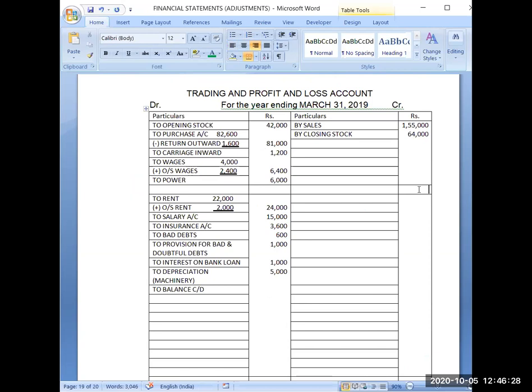First I will take this total, and this total will be 155, 159, 210, 219,000. Here I will write this total 219,000. And your gross profit, just a minute.